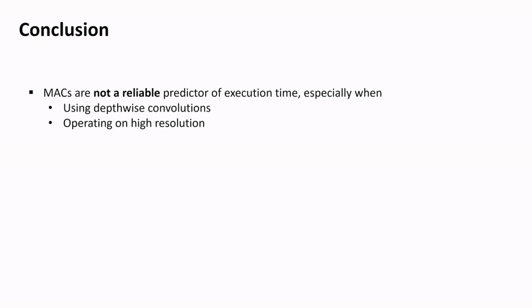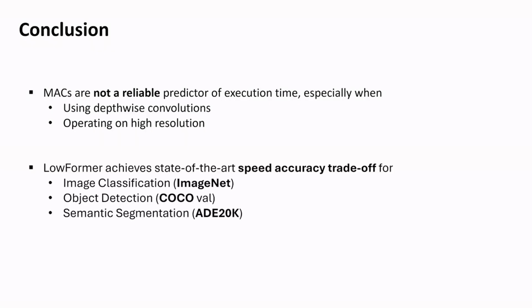This is especially true when depthwise convolutions are employed and when a model operates on a high resolution. Because of its hardware-efficient design, LowFormer achieves state-of-the-art ImageNet classification results, trumping many recent approaches in terms of speed-accuracy trade-off. The results also show that the downstream tasks object detection and semantic segmentation can profit from LowFormer's efficiency.